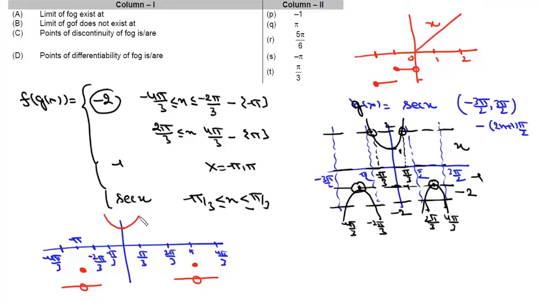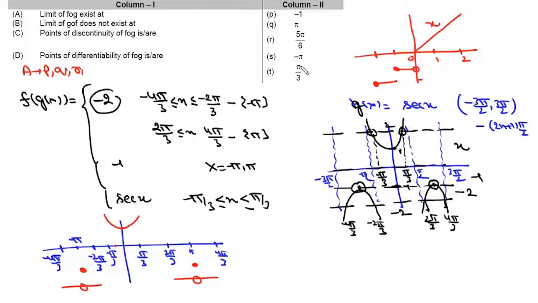Now the first question is, limit of f of g exists at which of the following points? Now at minus 1 it will lie here, so at minus 1 it will exist. So this a matches with p. At pi, it is discontinuous, but still the limit is going to exist, so this q. Now at 5 pi by 6, which is pi minus pi by 6, it is continuous at this point, so it will be this r.